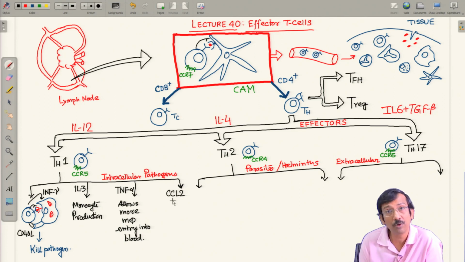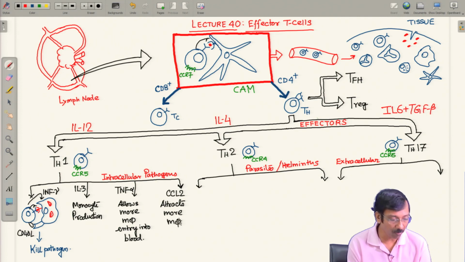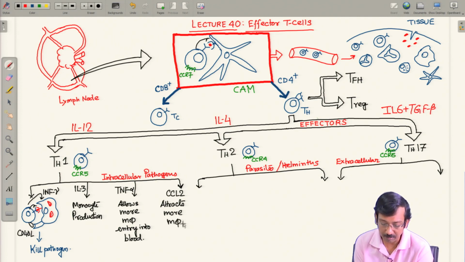So, CCL2 is one of those chemokines that attracts more macrophages to the site of action, or the site of infection.